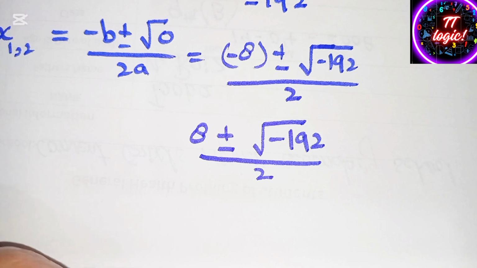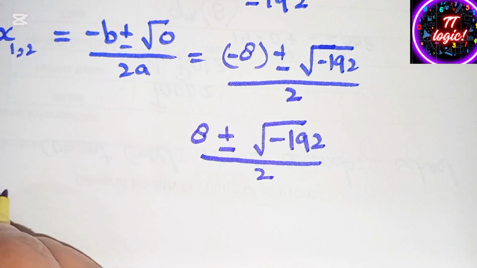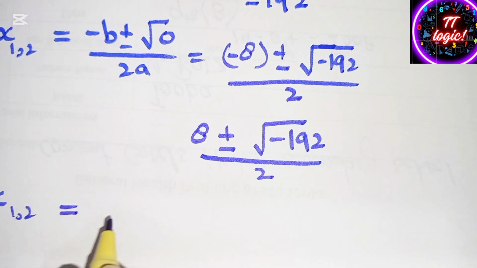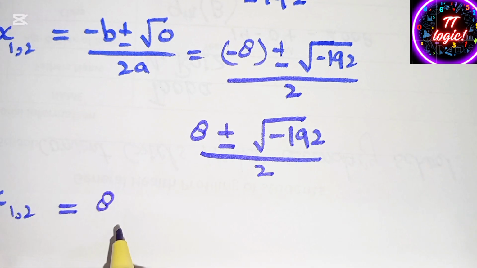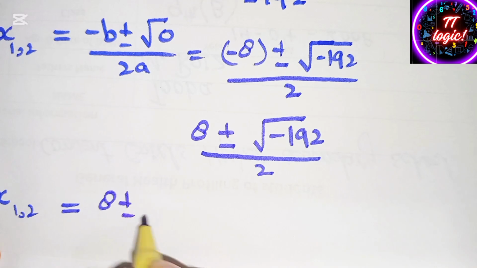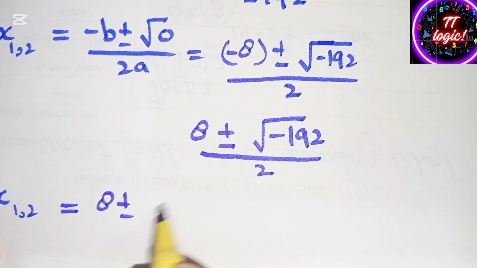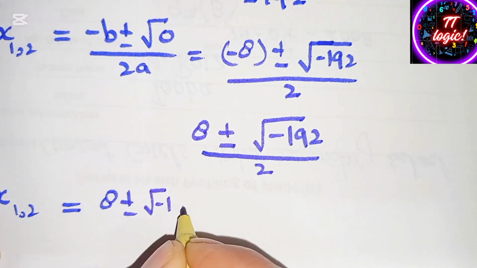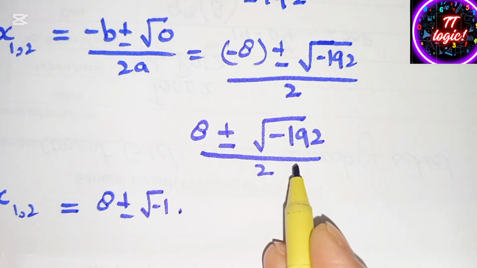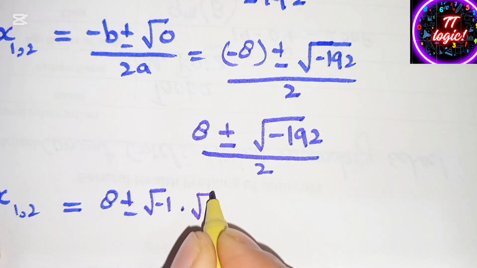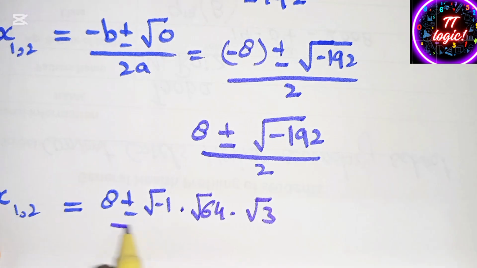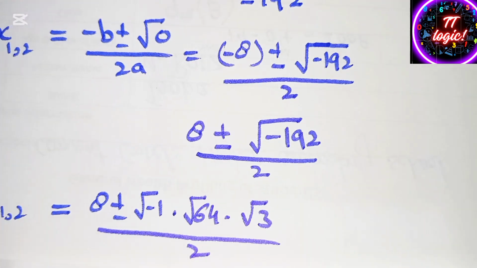So x is equal to 8 plus minus the square root of negative 1 times 192, which can be written as square root 64 times square root 3, then over 2.